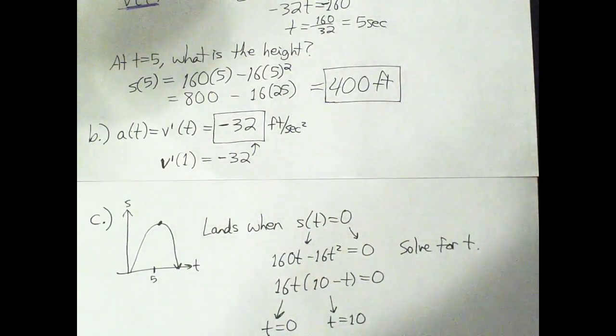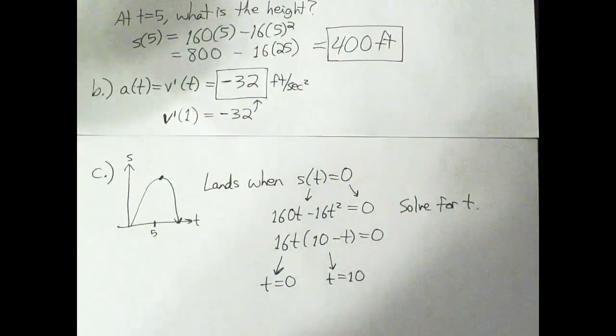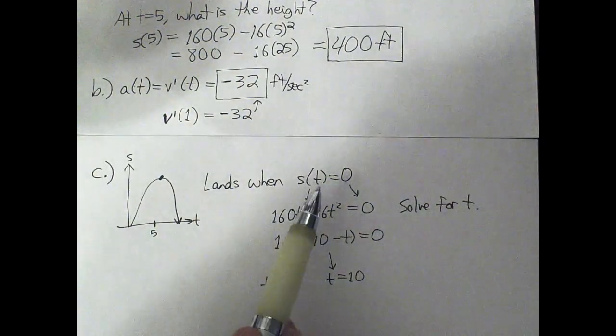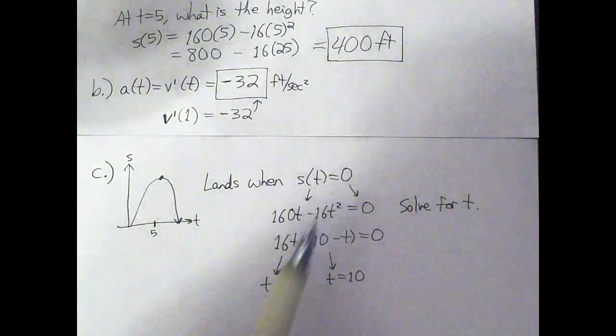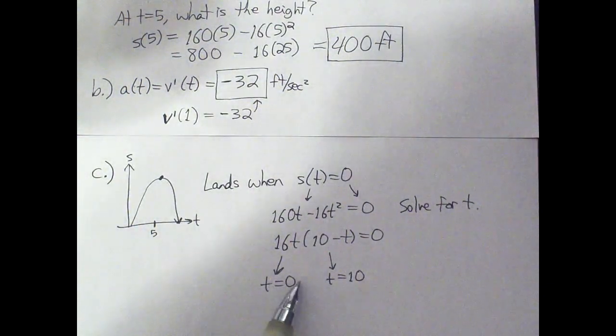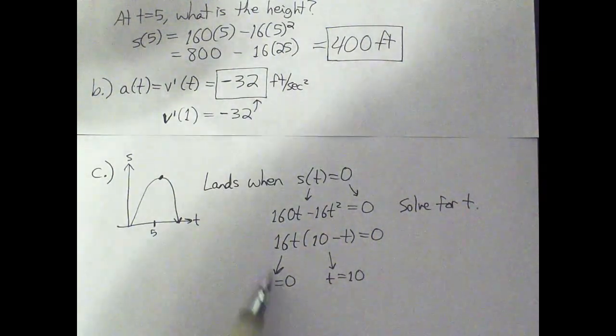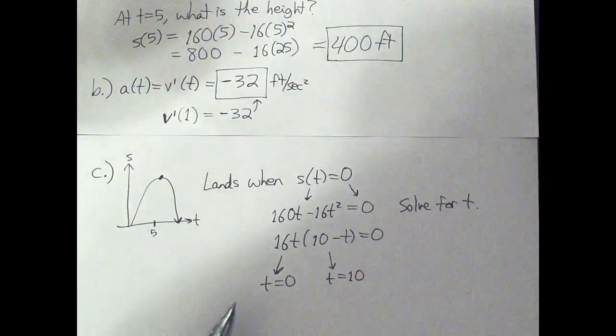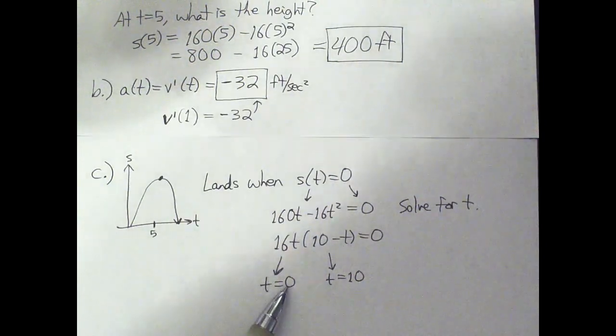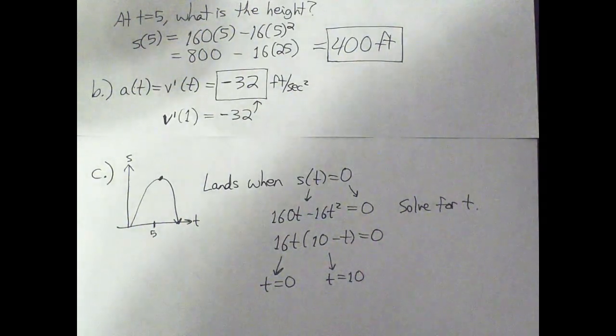Does it make sense that we got two answers? Well, yeah, the rock is at a height of 0 at t equals 0, because at t equals 0, that's the moment when the dynamite blast happens, and then the rock starts going upward. So at that moment, it is on the ground. And we just found that 10 seconds later, it's back on the ground.